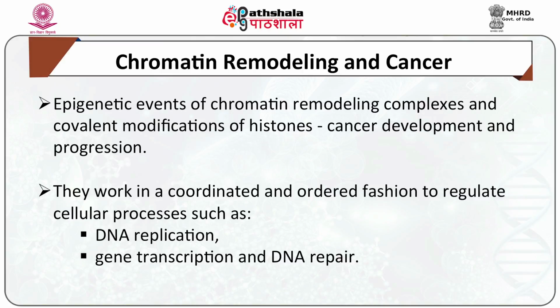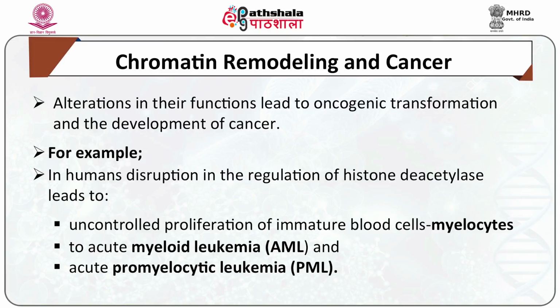Both of these mechanisms work in a coordinated and ordered fashion to regulate cellular processes such as DNA replication, gene transcription and DNA repair. Alterations in the function of either chromatin remodeling complexes or covalent modification of histones may result in impairment of the above mentioned cellular processes, which ultimately lead to oncogenic transformation and the development of cancer.